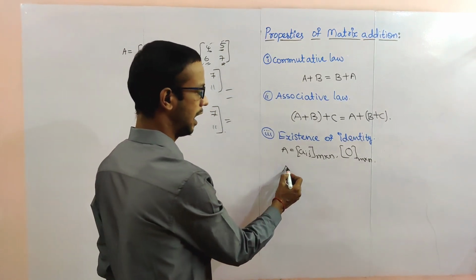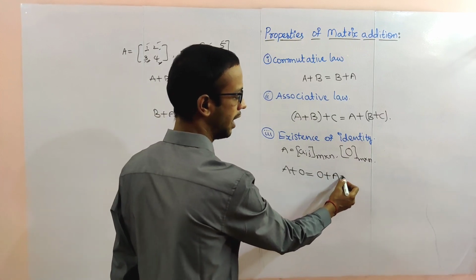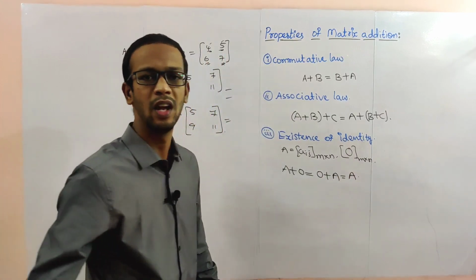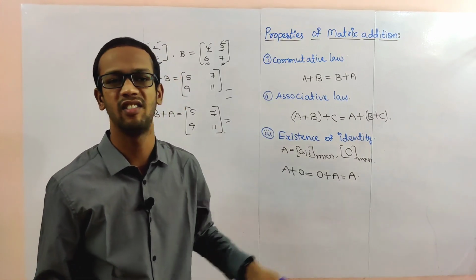Then A plus O is equal to O plus A is equal to A. Identity means after doing addition also you are getting the same matrix.